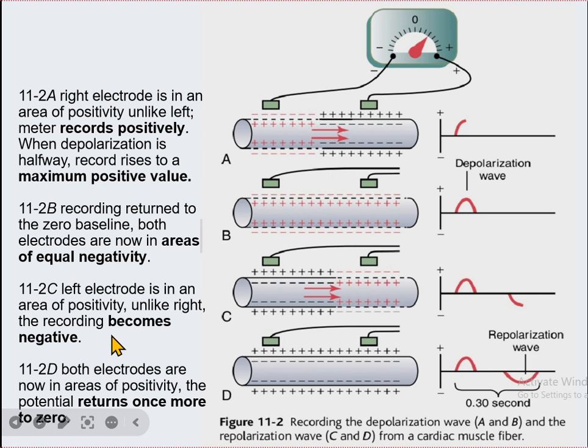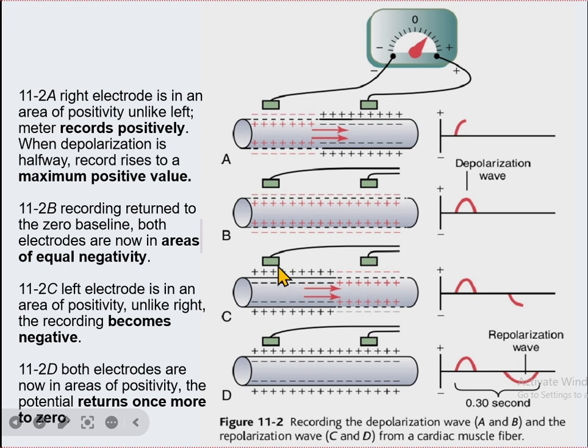When you go for the repolarization, this is a repolarization wave. Repolarization means we are making the membrane polar again. At first it had been depolarized. If you look at this side, inside is negative, outside is positive.